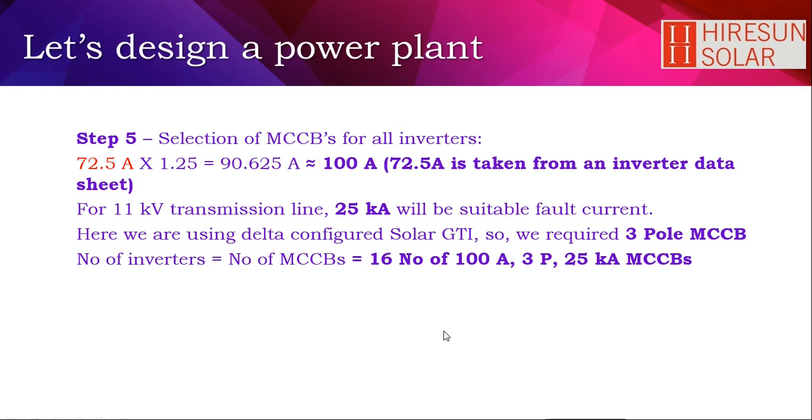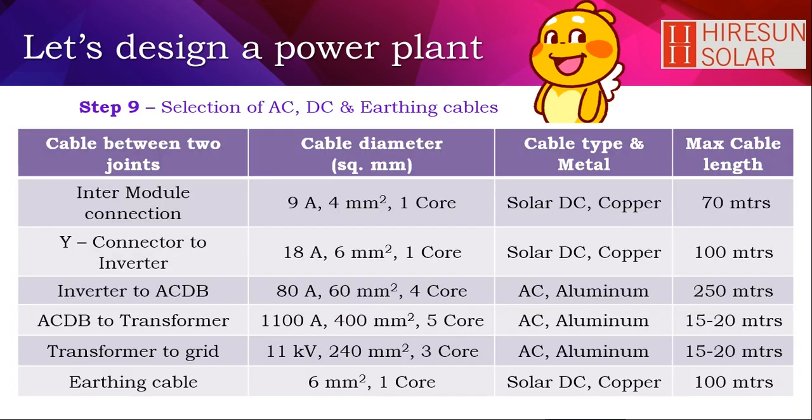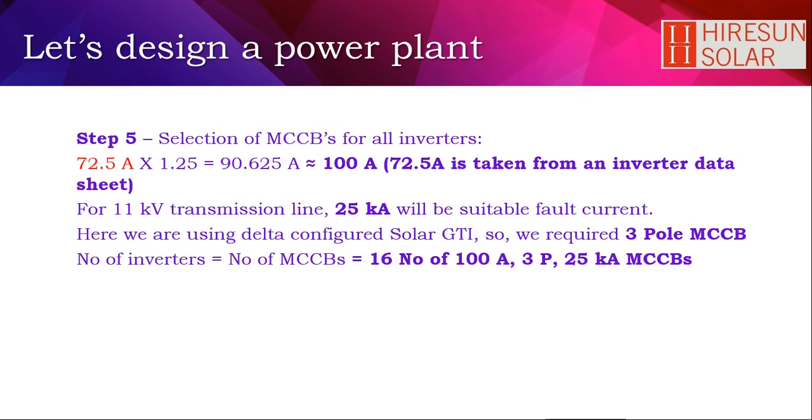Now we will talk about the selection of the MCCB for all the inverters. The 72.5 ampere highlighted in red is taken from the inverter sheet, and we are considering 90.625 ampere, which is almost 100 ampere. For the 11 kV transmission line, because it is the transmission voltage near the plant, we consider 25 kiloampere to be a suitable fault current.